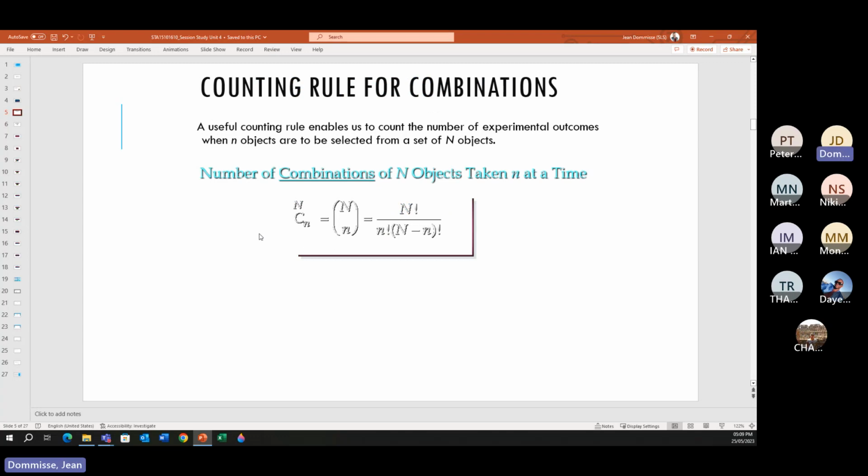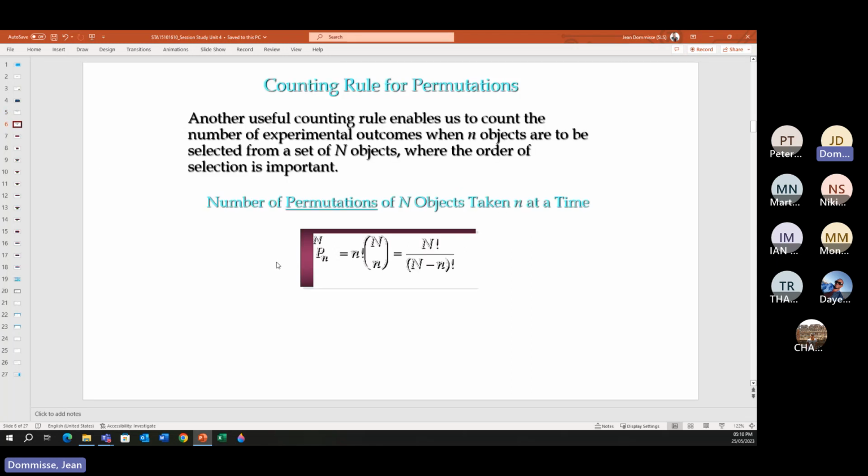So it is very important that you look at the two concepts. We will cover it in today's session, and if not, we will definitely cover it when we prepare for assignment 2. I will make sure that we have a question on combinations and on permutations.